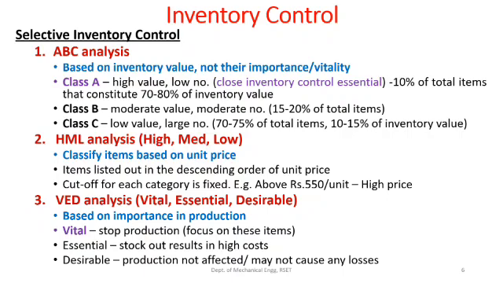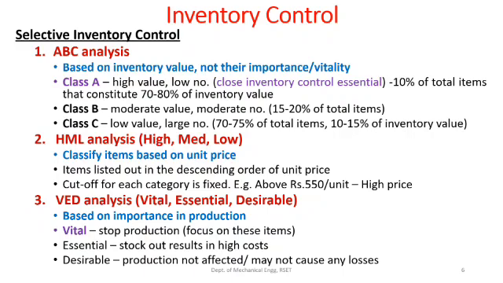The second selective inventory control technique is the HML analysis. HML stands for high, medium and low. Okay, and this classification is purely based upon unit price. So what you do is you list out the items that are kept as stock in a company in descending order of the unit price.